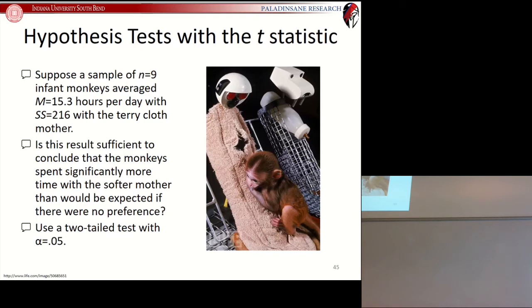This is the population of monkeys that have no preference for either mother. 9 hours is spent with the terry cloth mother. These monkeys over here, they spend very little time with the terry cloth mother. These are the monkeys that love the wire mesh mother. They're still part of this population, but they love that wire mesh mother. These monkeys over here, these are the terry cloth loving monkeys over here.